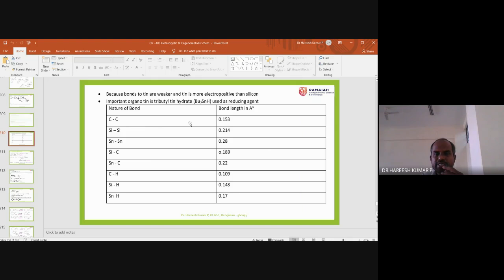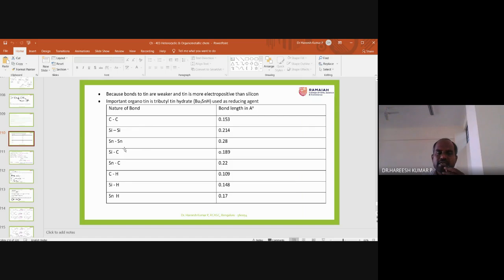So here I'm mentioning the nature of the bond and the bond length. The carbon-carbon bond length is 0.153, silicon-silicon 0.21, tin-tin 0.28. Of course, the tin element will have two variable states, one is +2, another is +4.